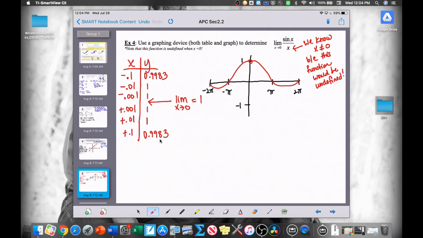However, because the left-hand limit and the right-hand limit both agree, we can say that the limit of the function as x approaches 0 is equal to 1.